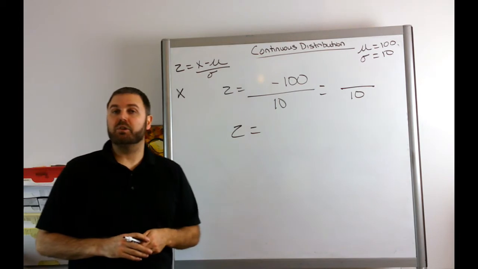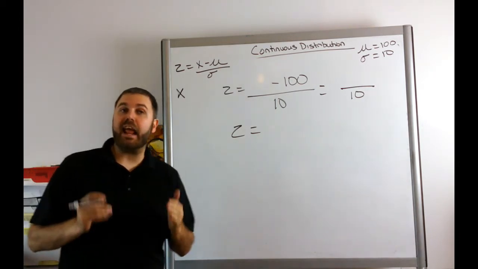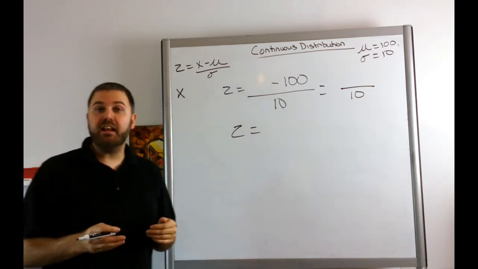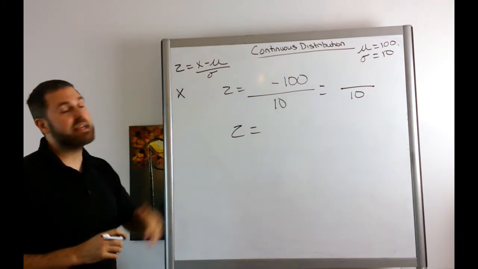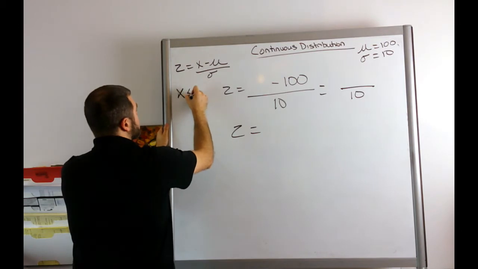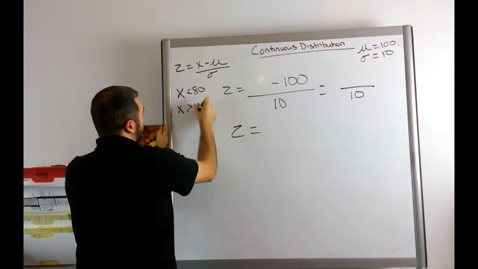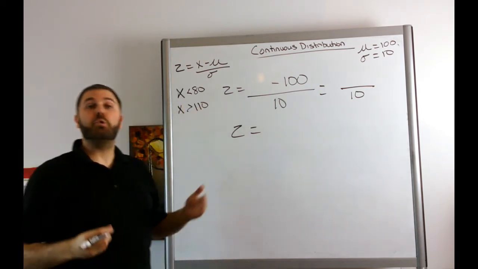So now let's take a look at the probability that x is less than 80 or greater than 110 given a mu of 100 and a sigma of 10. So x is less than 80 or x is greater than 110. Now we're going to be doing this equation twice.